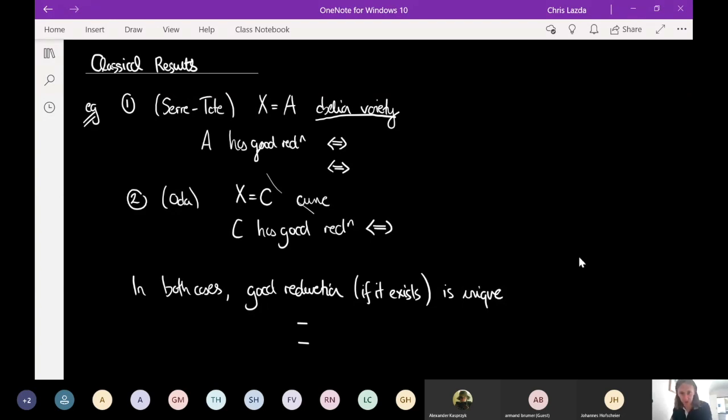What Serre and Tate proved, what the Néron-Ogg-Shafarevich criterion says, is that my abelian variety has good reduction if and only if the Galois action on it. So if I take my prime l, I can take its l-adic Tate module in the usual way.